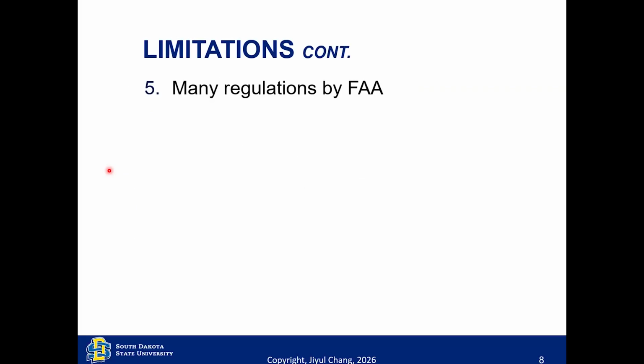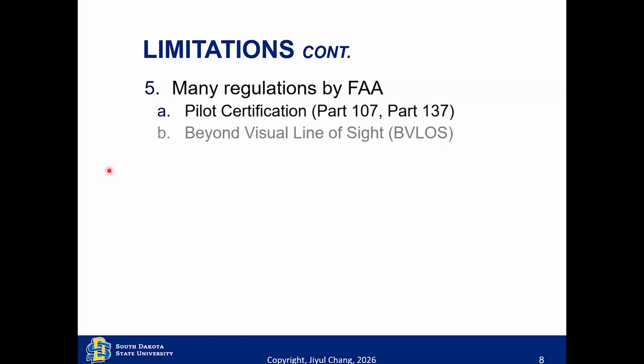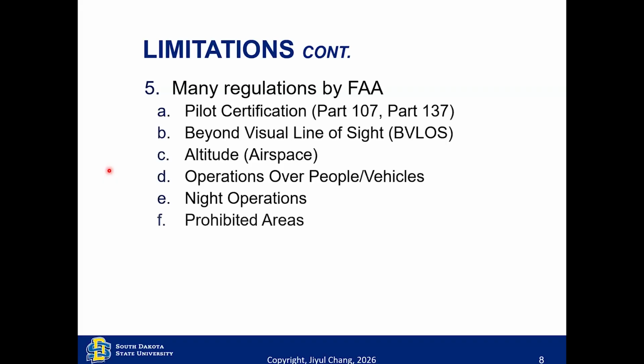The next one is the many regulations. This is really a big issue when you use a drone. There are many FAA regulations. To use a drone for farming, you need to get a pilot certificate. Then there is beyond visual line of sight, BVLOS, which is one of the very big limiting factors.